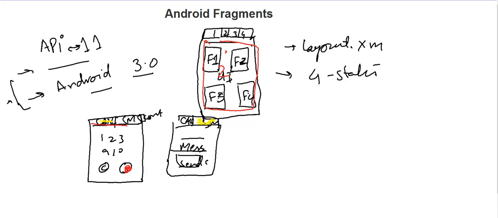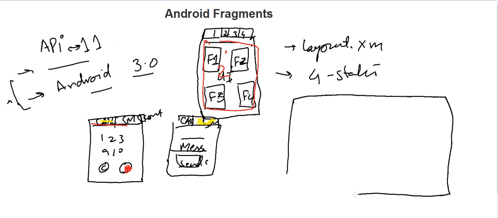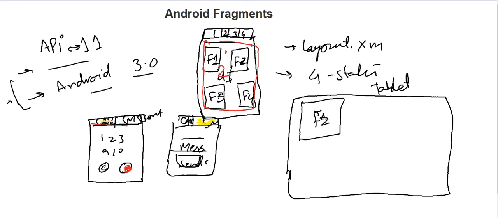You can also have more than one fragment visible in the activity at the same time. Say, for example, we have a big tablet screen. It will be easier to explain because it's big, and you can also have this on a phone. Say you have a fragment F1 here, which contains a list.